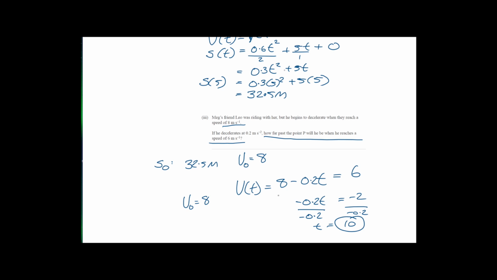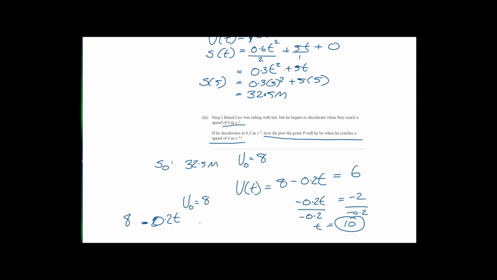His acceleration is 0.2, taking 10 seconds. So his velocity is going to be 8 minus 0.2t, because 8 is the initial velocity.